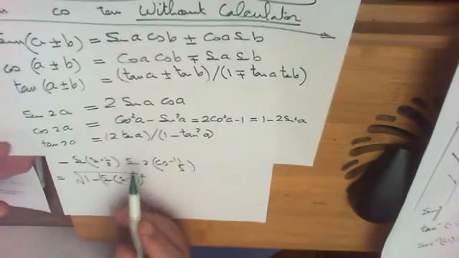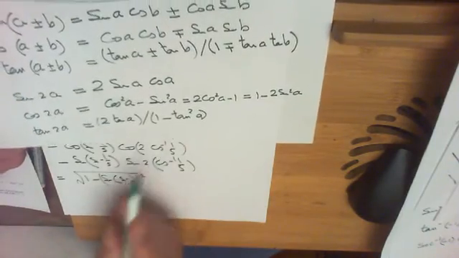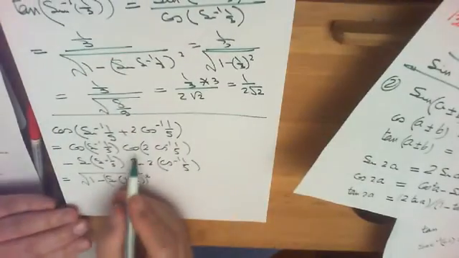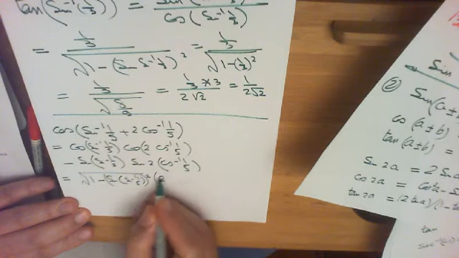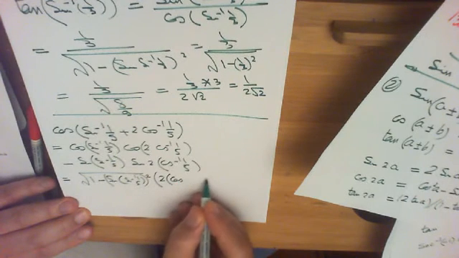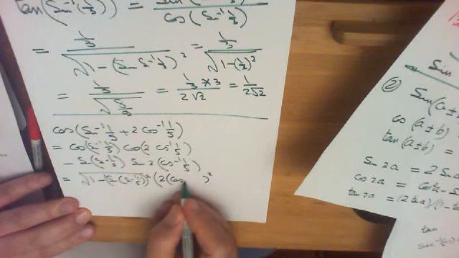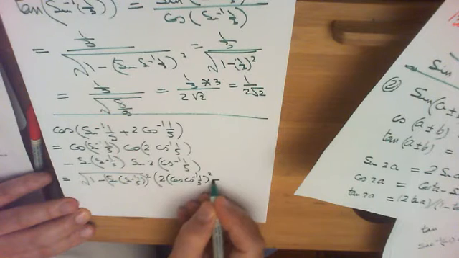This cosine of twice an angle, we have three relations. Which one is the most appropriate? You have cosine minus 1, so we make it as cosine. Cosine of twice an angle is 2 cosine squared of half the angle, which is cosine minus 1 of 1/5, minus 1.